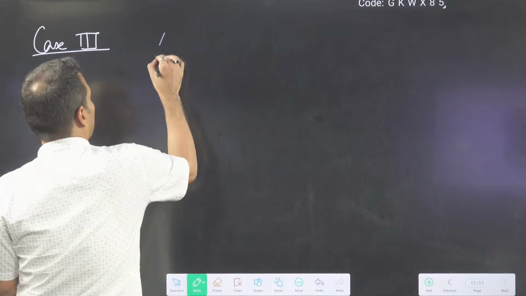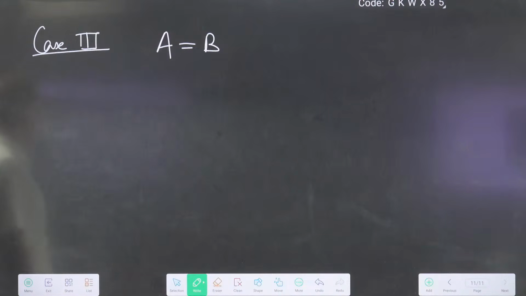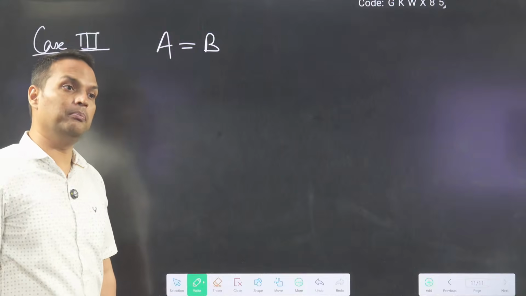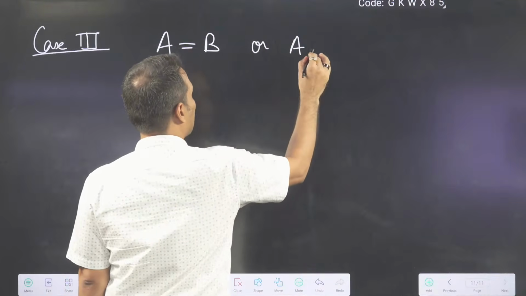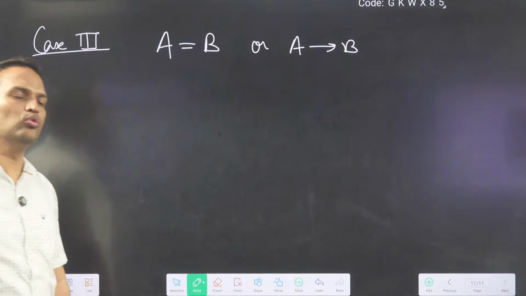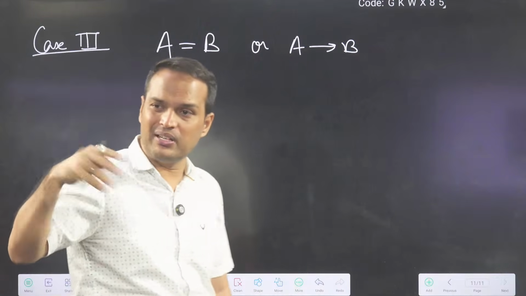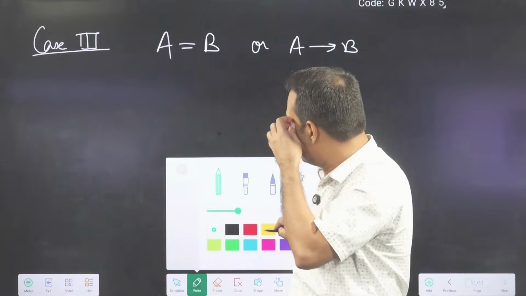In this case, what is happening? If you are having a double bond between A and B, then this whole 2 bonds can be replaced by a coordinate bond. You think like this.